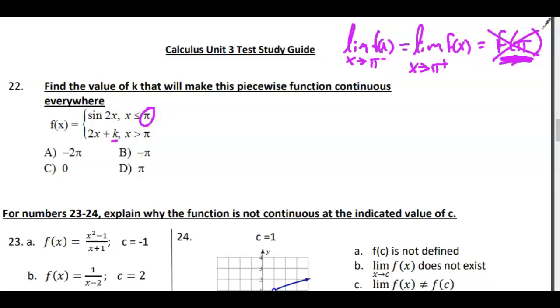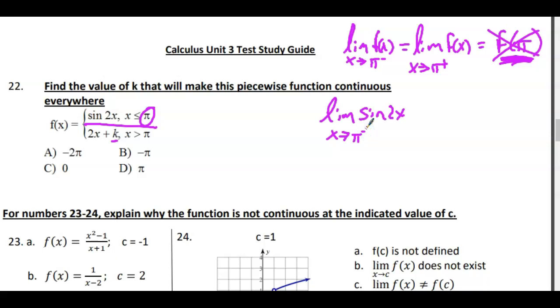So all I need to do is make sure that the limit of my function from the left of pi is equal to the limit of my function from the right of pi. Left of pi means less than pi. So that would be this one. So the limit of my function from the left is sine of 2x as x approaches pi.